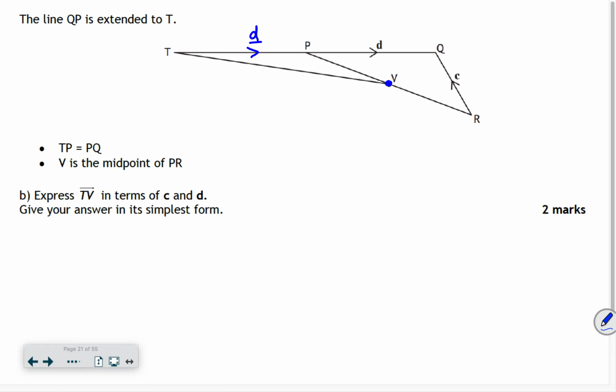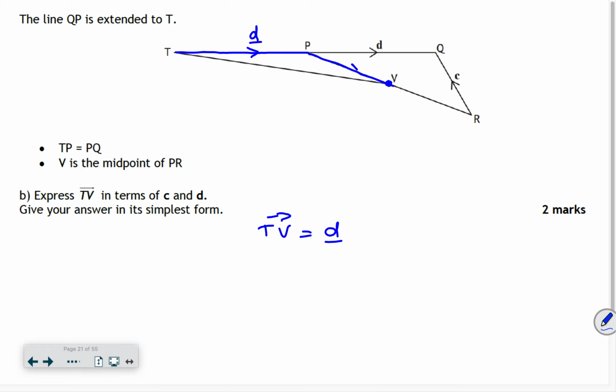So to get to that, I can say that TV is going to be the vector D, which will take me from T to P. And then I'm going to go halfway along the vector PR.